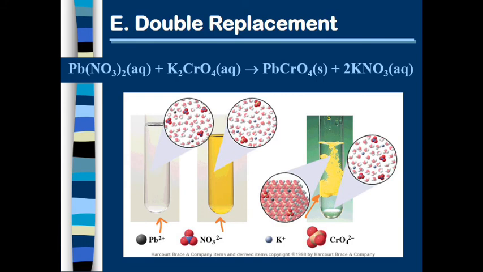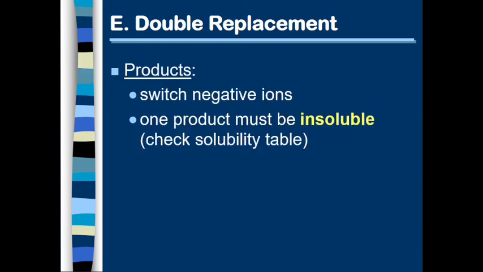And I told you earlier, when you put two liquids together and get a solid form, that's called a precipitate. This right here in solid form, that is the precipitate that is being produced. So again, with our products right here, you can switch your positive ions or switch your negative ions. Just remember, cations first, anions second.